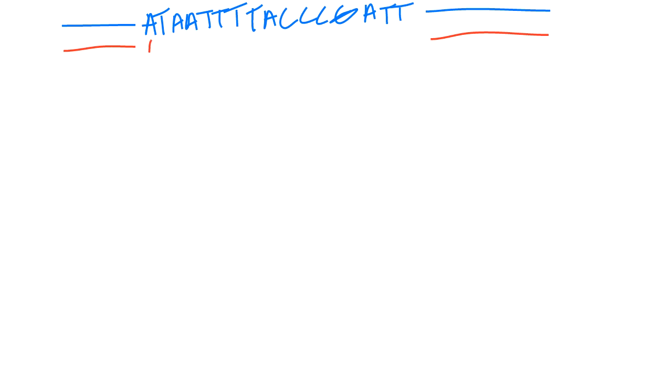A always pairs with T. This is what our double-stranded DNA would look like.